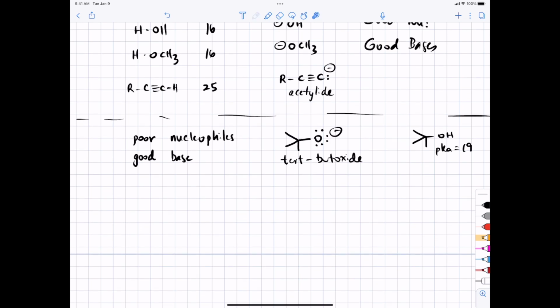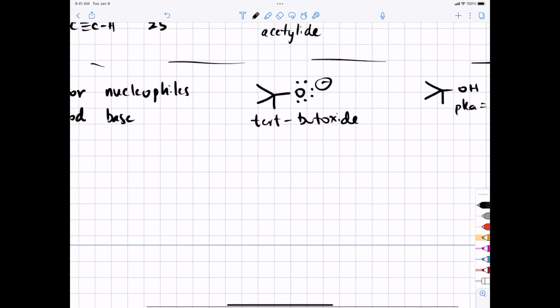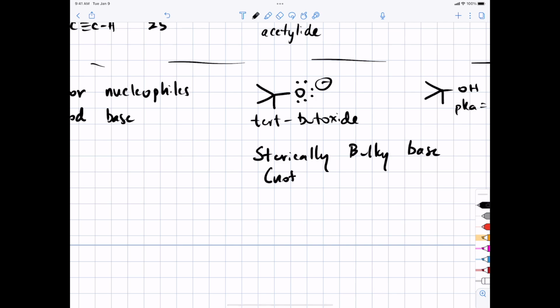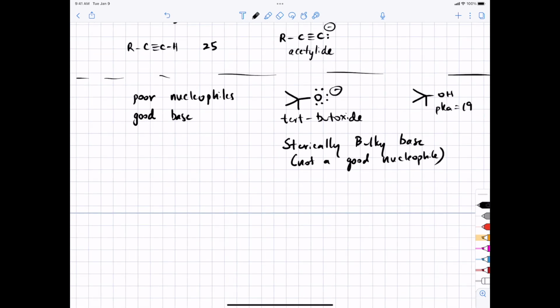There are some others that your text will talk about. I won't draw them here, but the basic principle is a sterically bulky base is not a good nucleophile because it's too large to attack carbon. There are a couple others that, frankly, synthetic organic chemists like molecules with acronyms in their names.